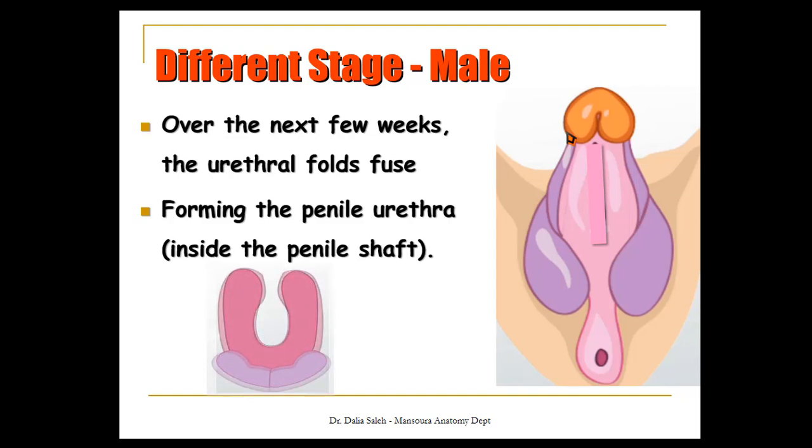In this cross section, you can see how the two urethral folds approximate with each other and fuse, and thus enclose the penile urethra in between them.